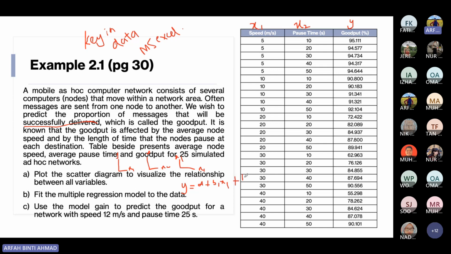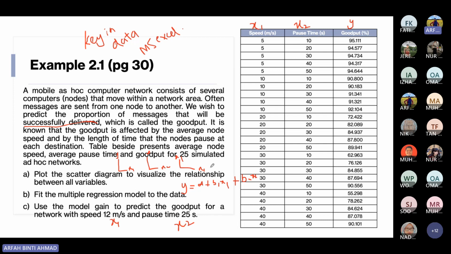So what will be the value of b1 and also b2? And use the model to predict the goodput for a network speed of 12, meaning that when your x1 equals 12 meters per second and when the pause time is 25 seconds. So when x1 equals 12 and x2 equals 25, what will be your y?